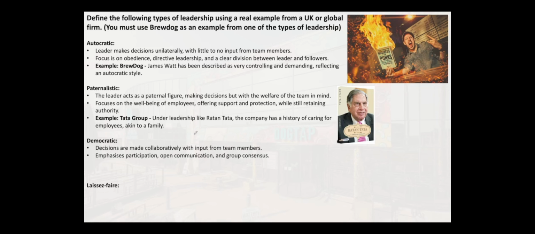So democratic. It's thinking about collaboration. It's acknowledging that your team have a responsibility and they really want to help. If you think about McGregor's theory X and theory Y, actually, we're not talking theory X, are we? Theory X is going to be up here with the autocratic people.